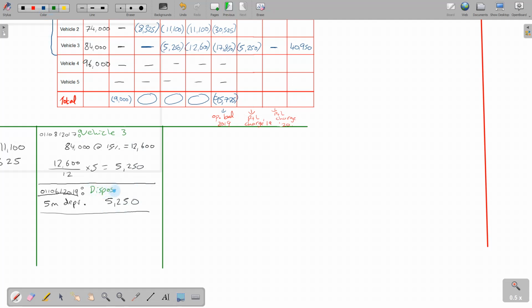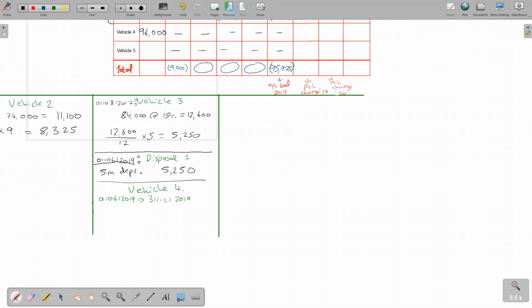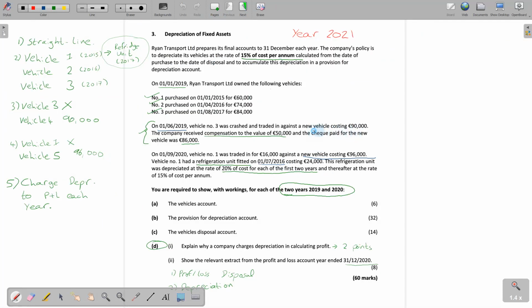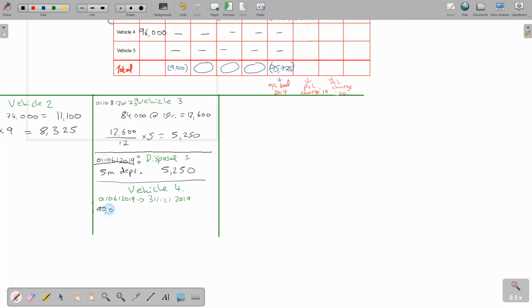So then if we're talking about vehicle number 4, on the 1st of the 6th, 2019, you have to charge depreciation up until the very end of the year. So for vehicle number 4, it's costing us 90,000. So 90,000 at 15% is 13,500.